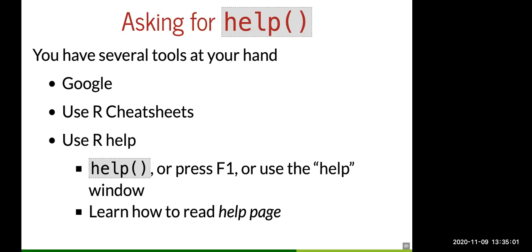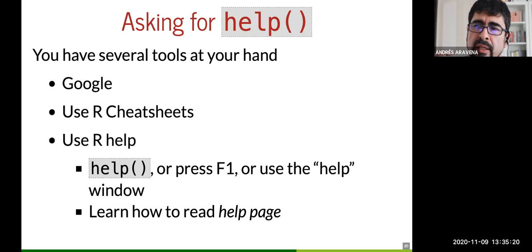You will find when you use Google that you get more or less to a few websites that are always the same. There are some websites that people use for answers, for discussing this kind of thing. There is something called Stack Overflow.